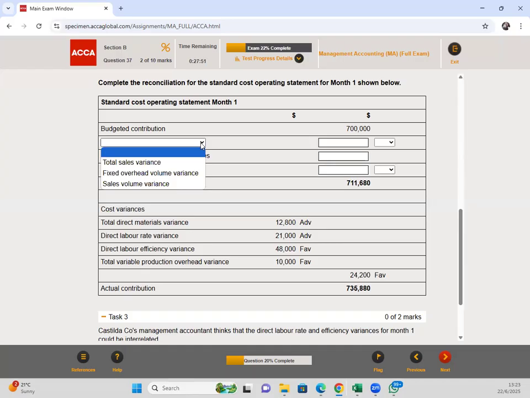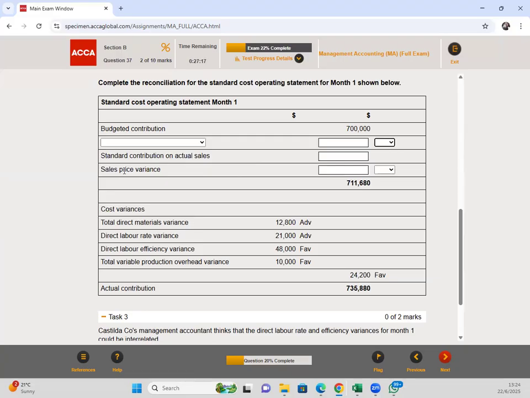Okay, so we are given the contribution. Then from the contribution, they've given us what? What is next? Standard contribution on actual sales. So we have the contribution, then we have the sales variance.